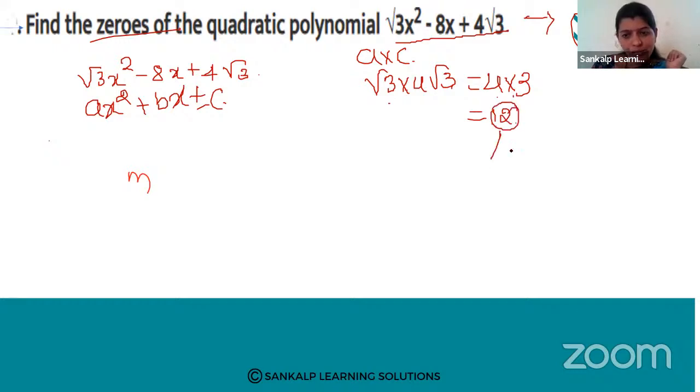Now find out two numbers such that the product is 12, and if you add or subtract them, you get the middle term minus 8. So tell me those two numbers. 6 twos are 12, right?